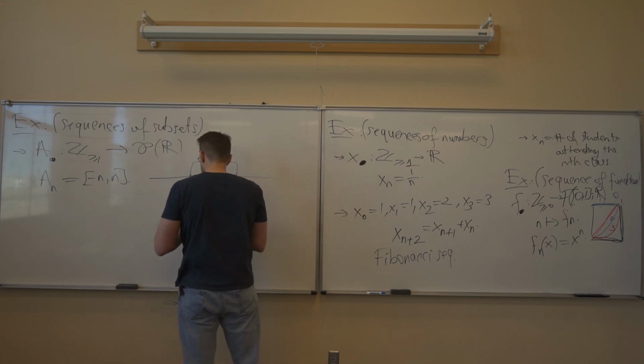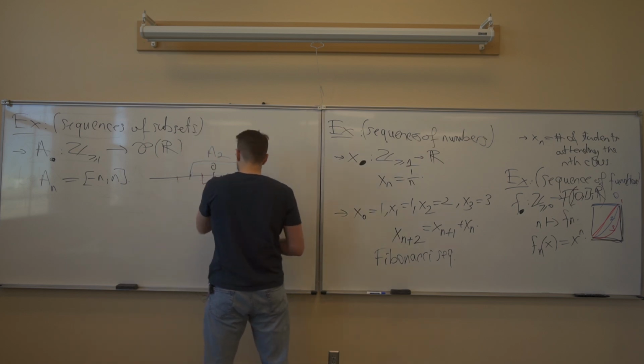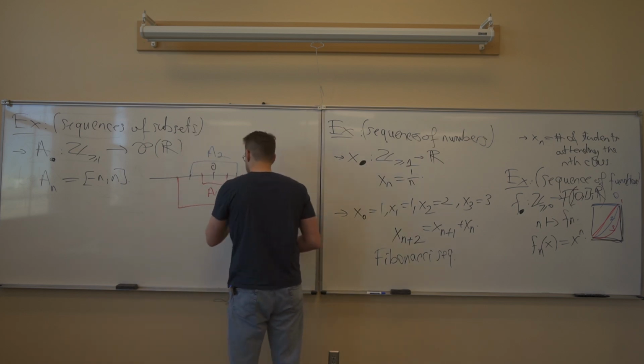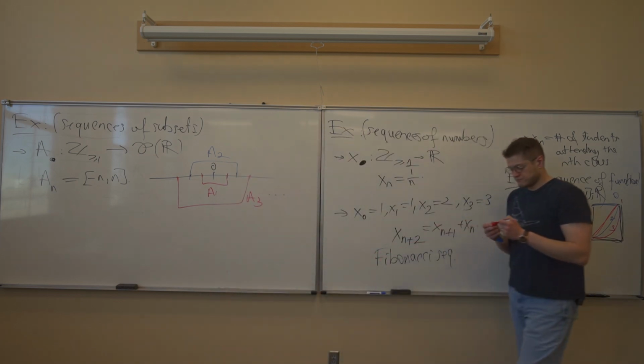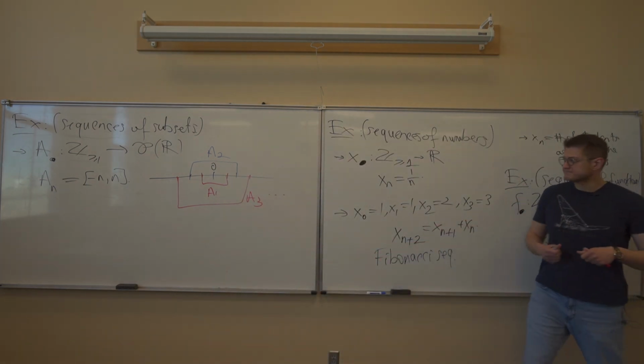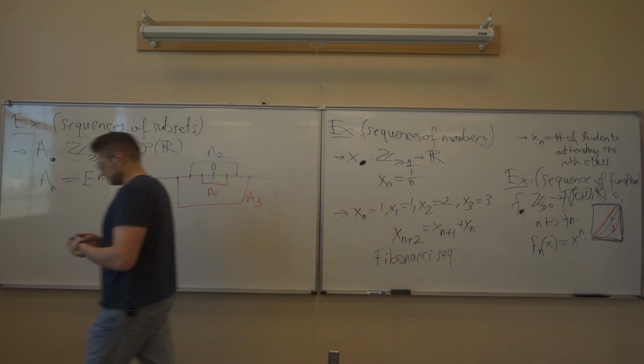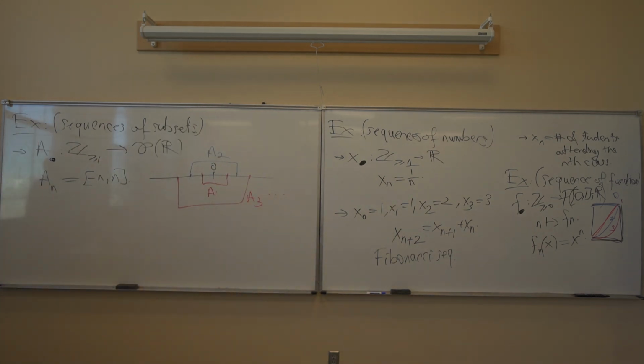And then A sub 3 is minus 3 to plus 3, and so on. Okay? It keeps growing and growing. Any questions about this? Here's another example.